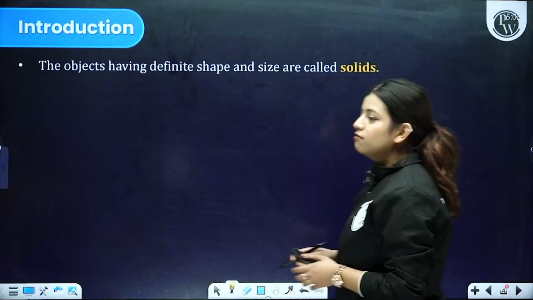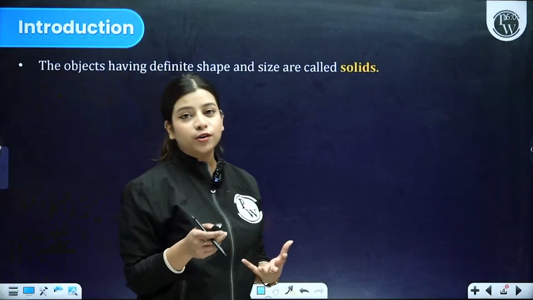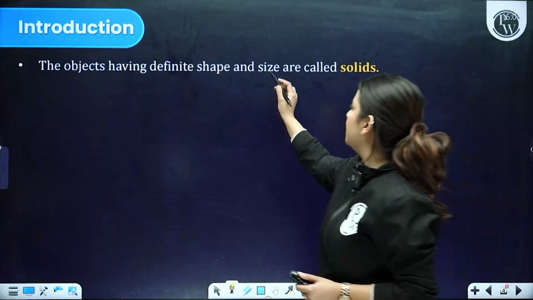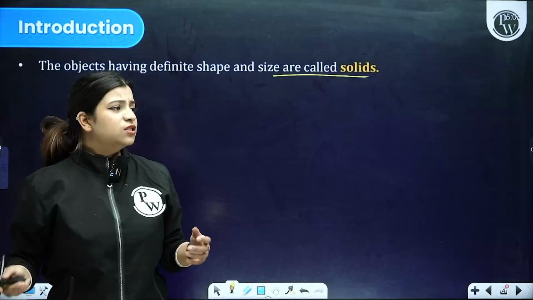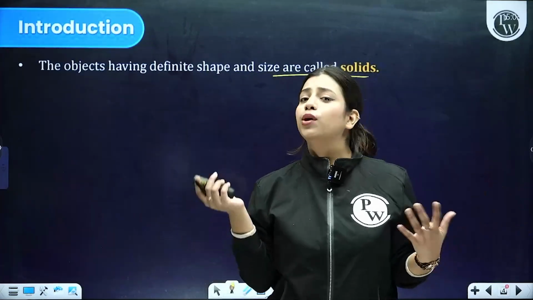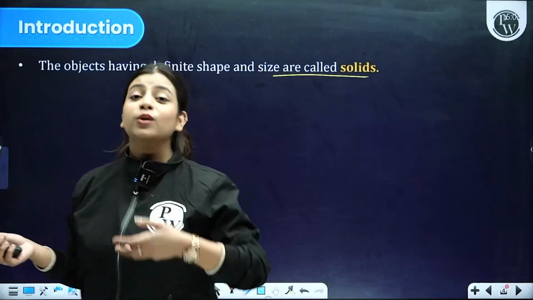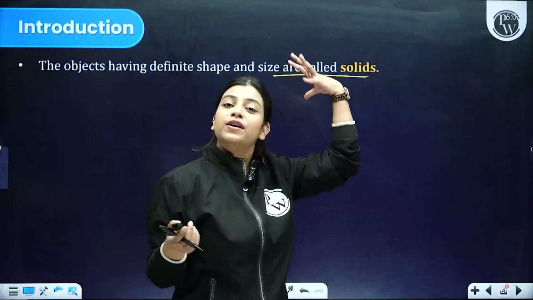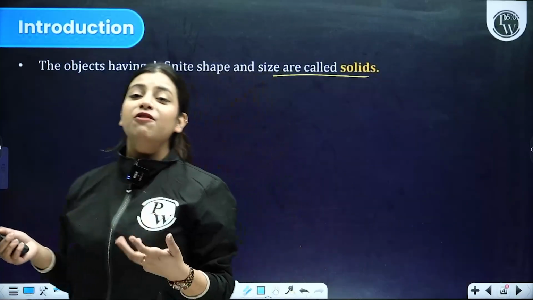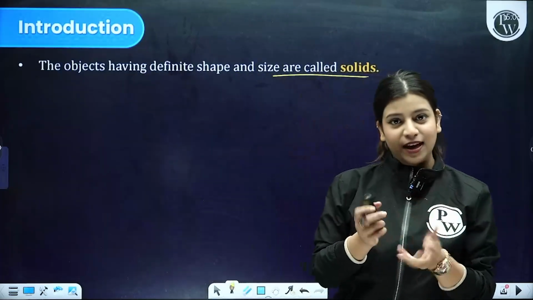So basically, when we talk about surface areas and volume of solids, what does solid mean over here? You might have heard this in your science. The objects having a definite shape and size are called solids, right? If you look in the room which you are sitting in, this is in the form of a cube or cuboid, depending on the dimensions. You used to celebrate your birthday when you were a kid by wearing caps, right? That was conical in shape, so that was a cone. You might have played Rubik's Cube, in which you have to match the colors by rotating it.